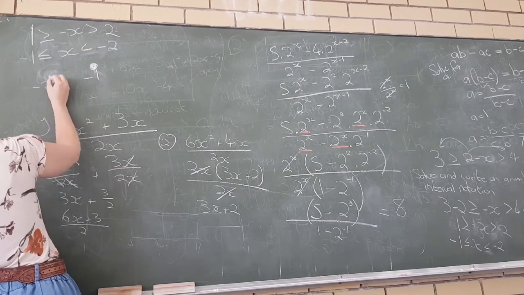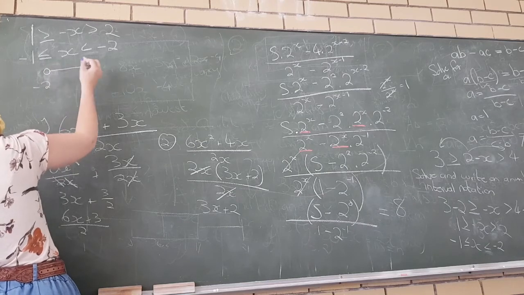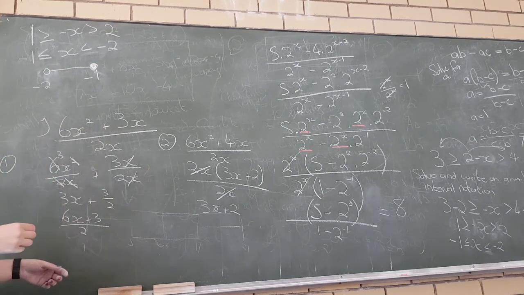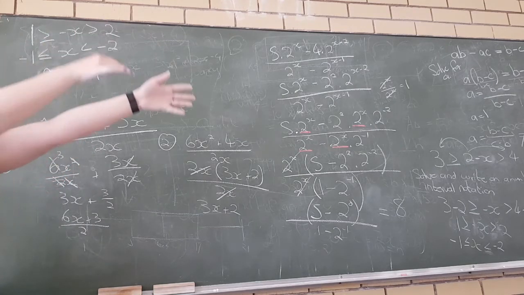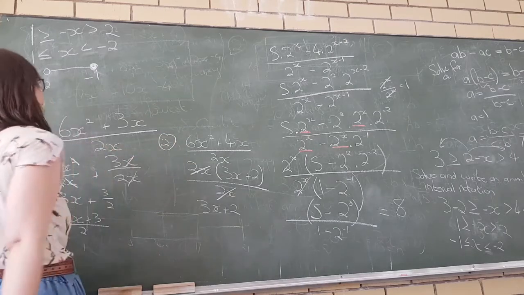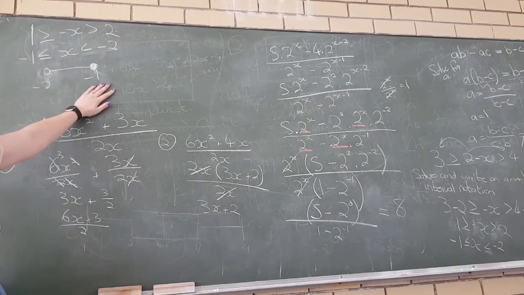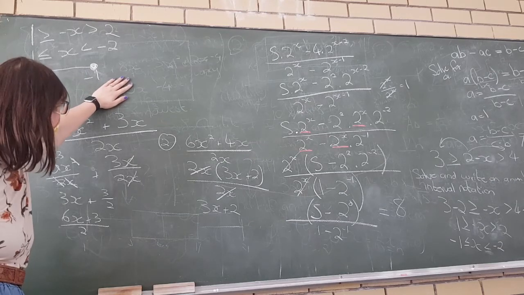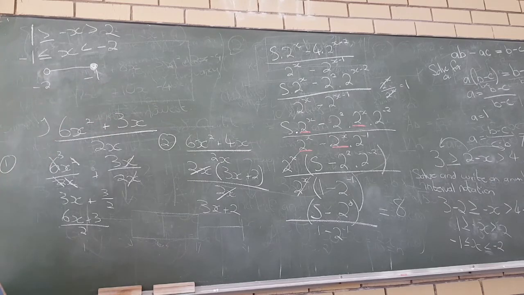This is minus 2. Remember, your smaller number always goes on your left, your bigger number goes on your right. And minus 1 is bigger than minus 2, so minus 1 goes on your right. That's how we draw it on a number line.